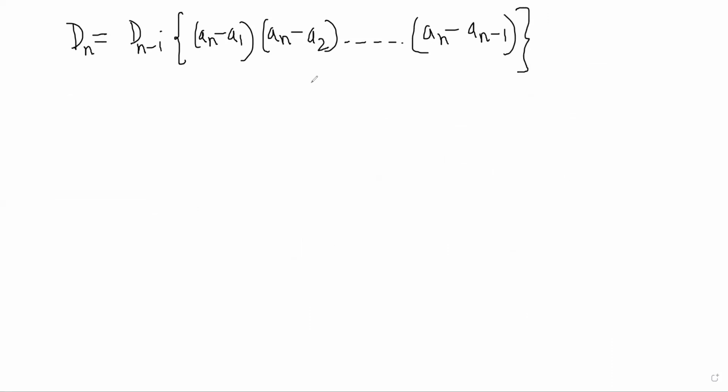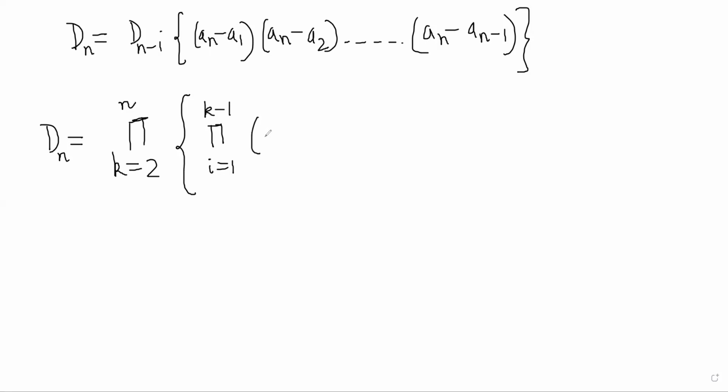And the final result will look like this: Dn will become the product of k equal to 2 to n, and inside the bracket it's another product, because I want to write these: the product of i equal to 1 to k minus 1, (ak minus ai).